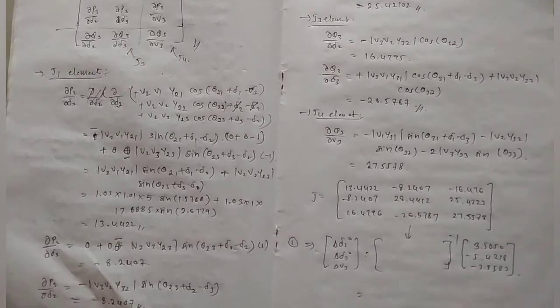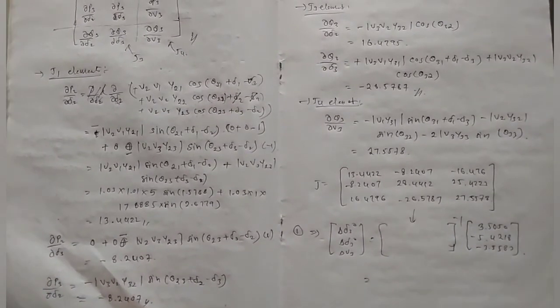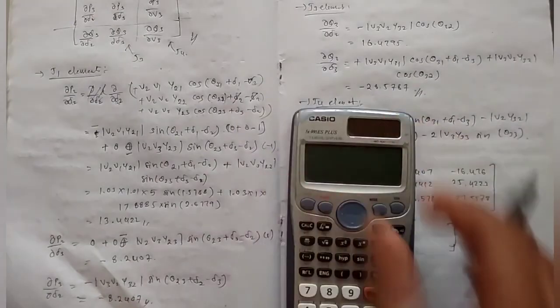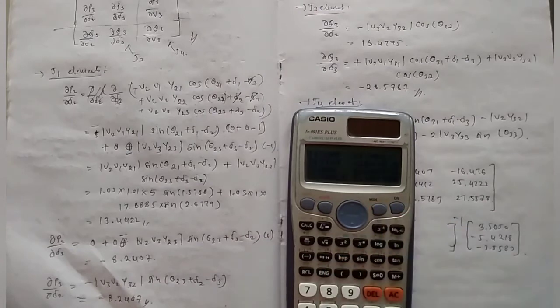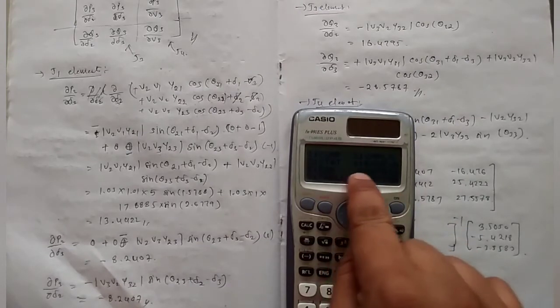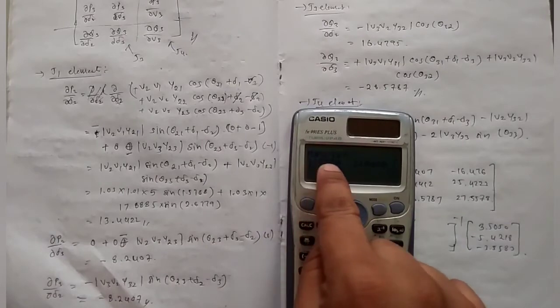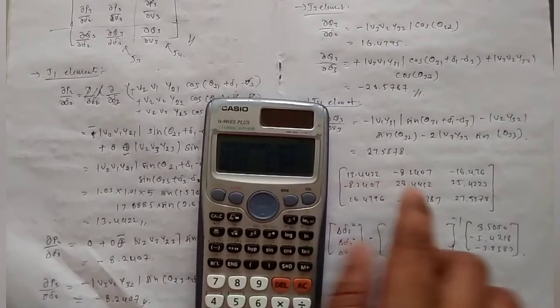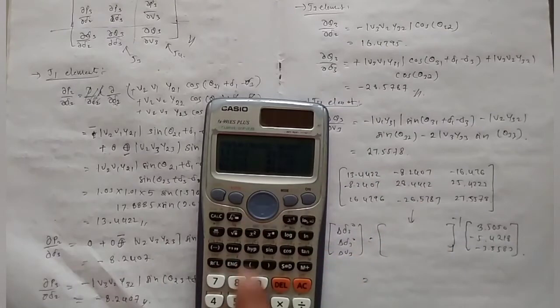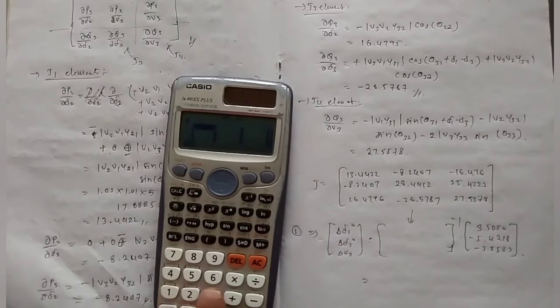Okay, we can do this Jacobian inverse matrix in the calculator itself. First we have to go to matrix mode, that is 6, and I will put all those values in matrix 1. I have a 3 cross 3 matrix, right? Therefore I will select the 3 cross 3 matrix.